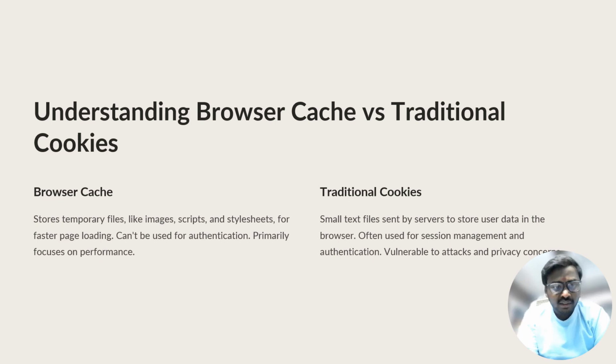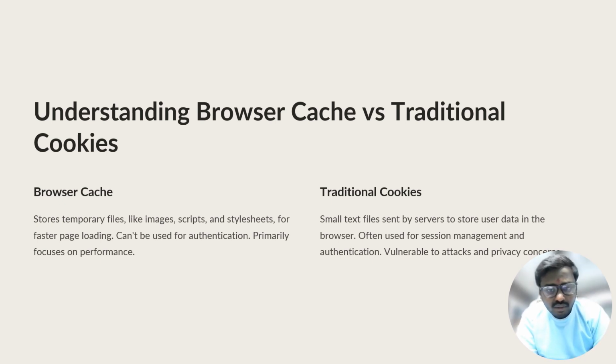Browser cache is a small type of memory that gives the fastest performance to the user. Cache means the website stores the data, and whenever the user asks for the data, it immediately gives it as soon as possible, so it is called cache.